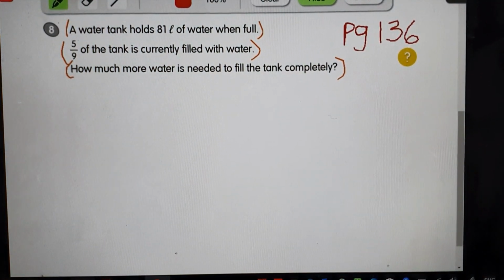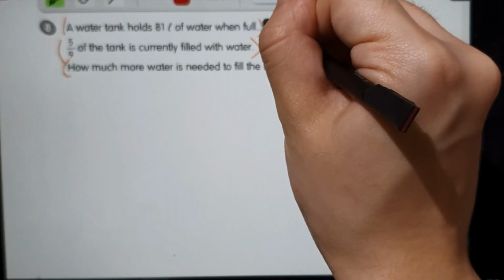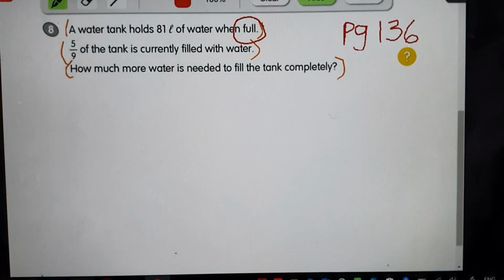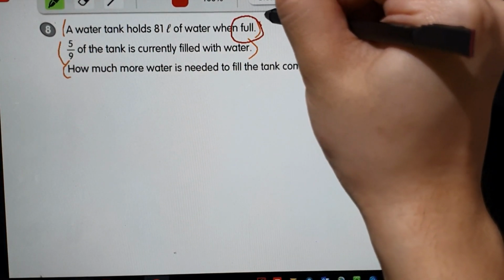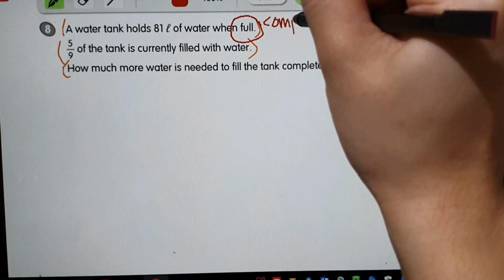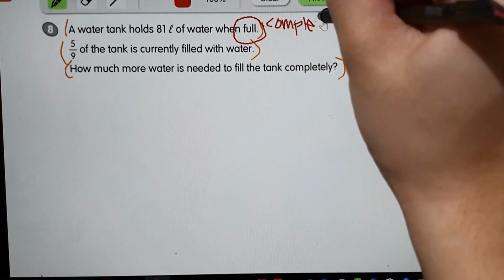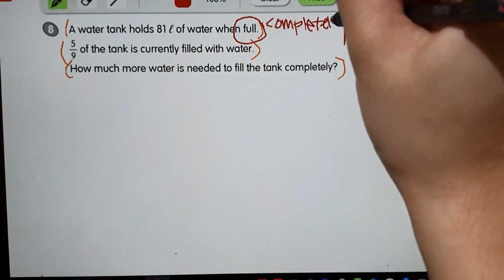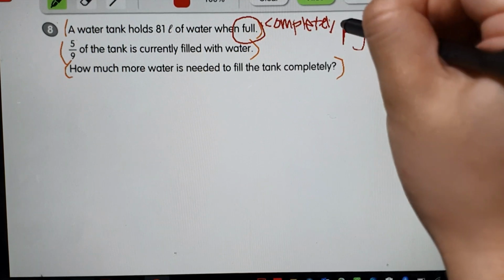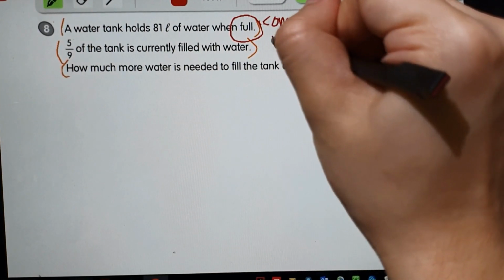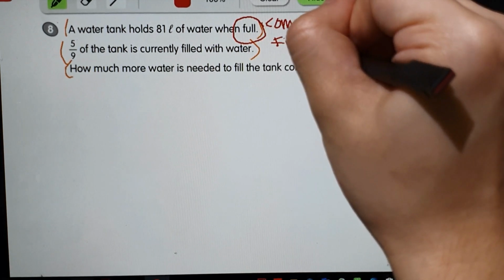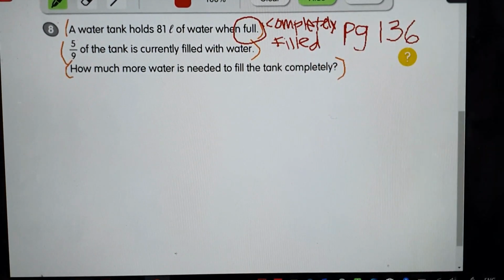So, a water tank holds 81 liters of water when full. What does it mean by full? It means completely filled. So this water tank can actually hold up to 81 liters of water.